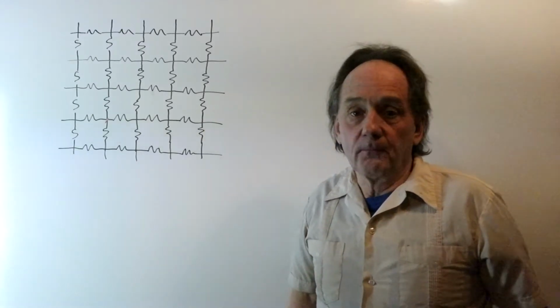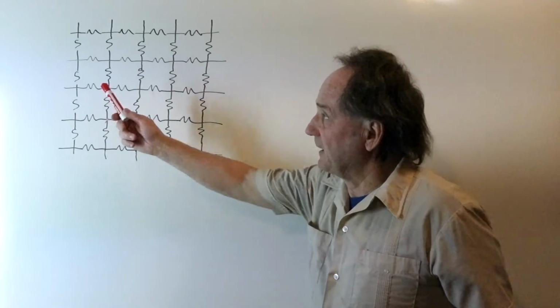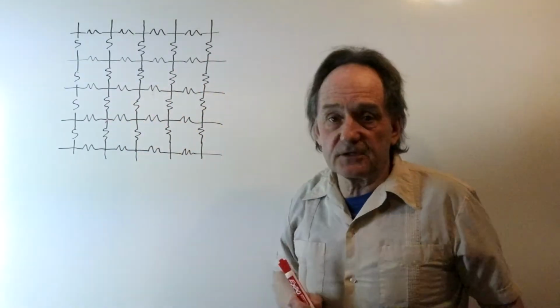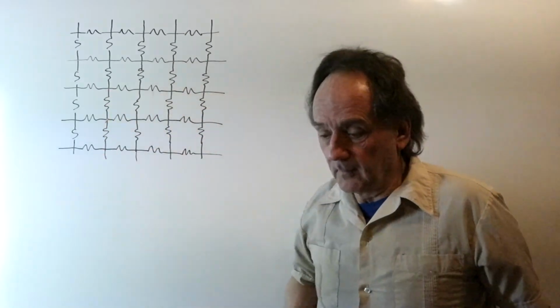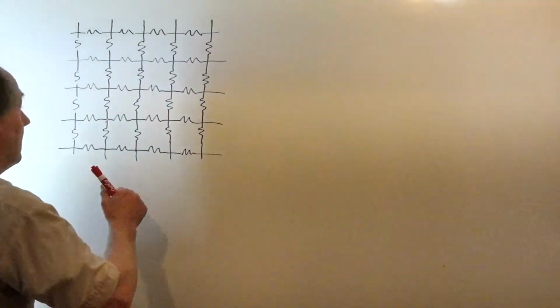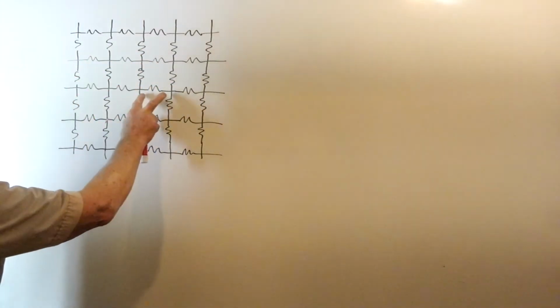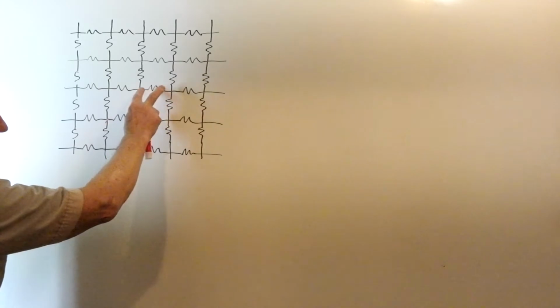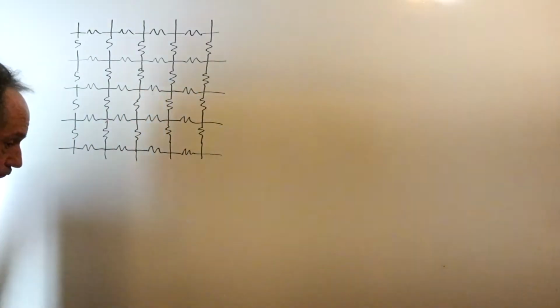About a month ago, I presented this problem involving an infinite grid of resistors of equal value throughout the grid. And I showed how to solve for the equivalent resistance between any two adjacent nodes in the grid by invoking a symmetry argument.